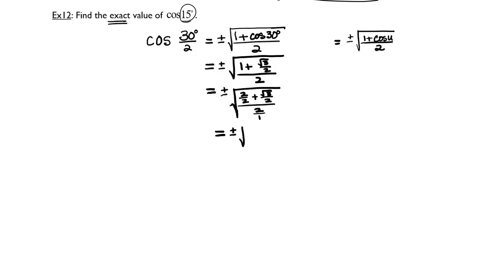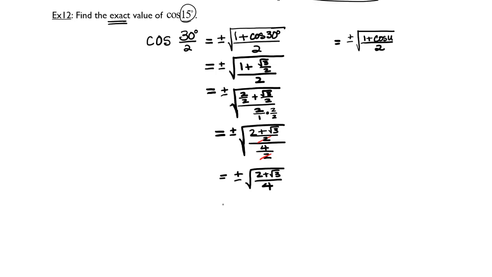That will give me plus or minus the square root of, building up the denominator, 2 over 2, so I have a common denominator, 2 plus root 3, all divided by 2, divided by 4 over 2 in the denominator. And now I'll divide out that common denominator, and it will give me plus or minus the square root of 2 plus root 3, all divided by 4.